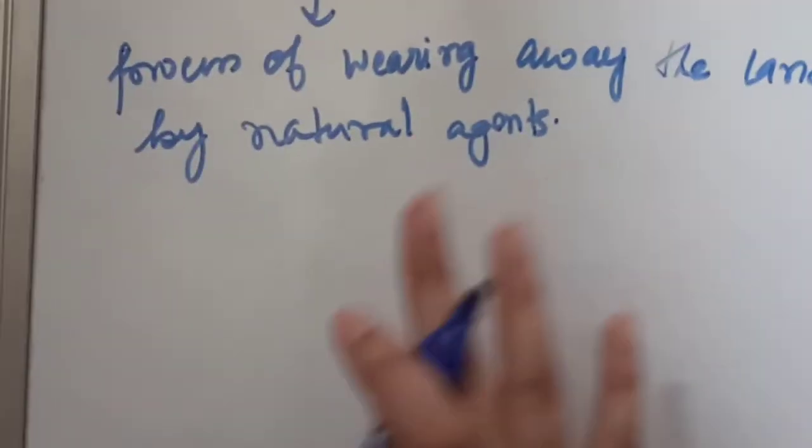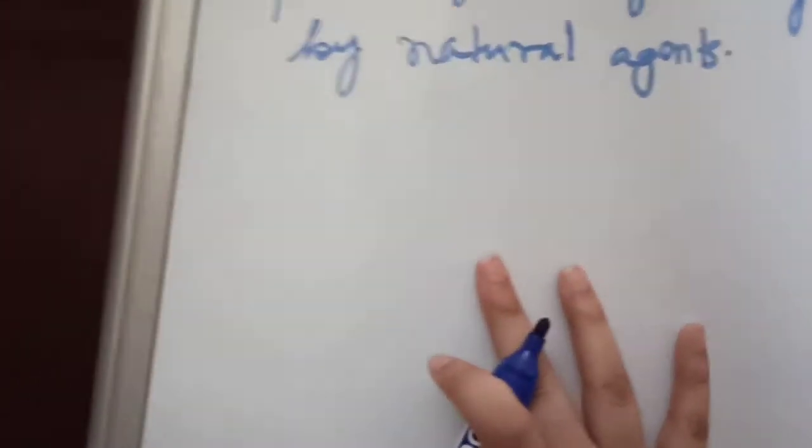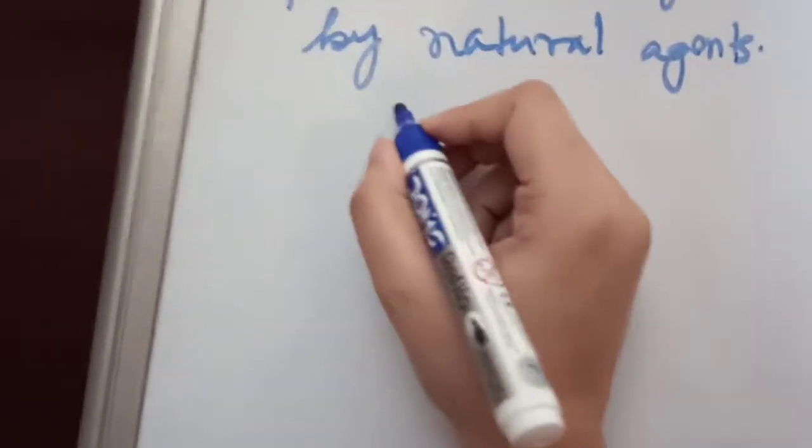This work of erosion is being done in two ways. And what are the two ways? One is corrasion and another one is corrosion.